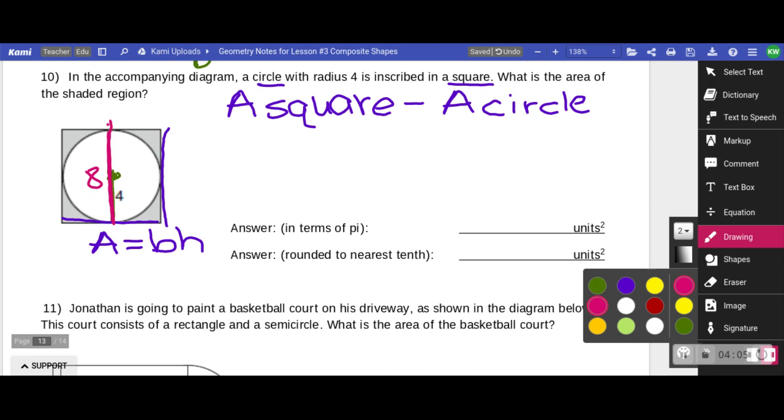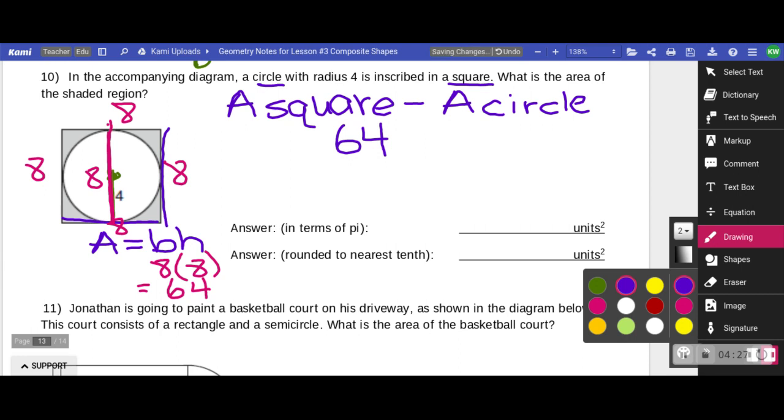And if the diameter of the circle is 8, that means that this side will also be 8. And if one side of a square is 8, that means that all sides of the square are 8. So that means the base is 8 and the height is also 8. So the area of the square is going to be 64.